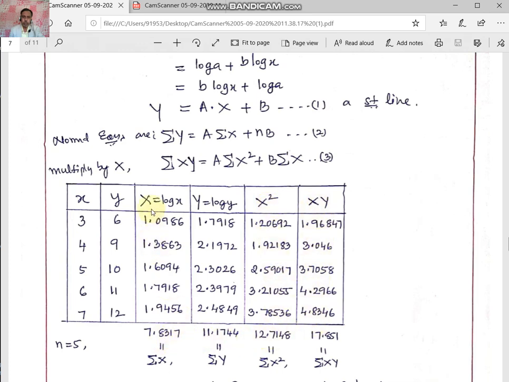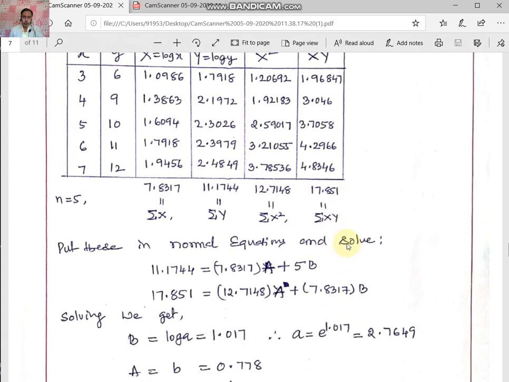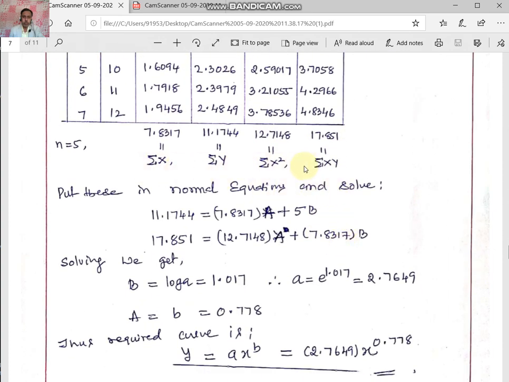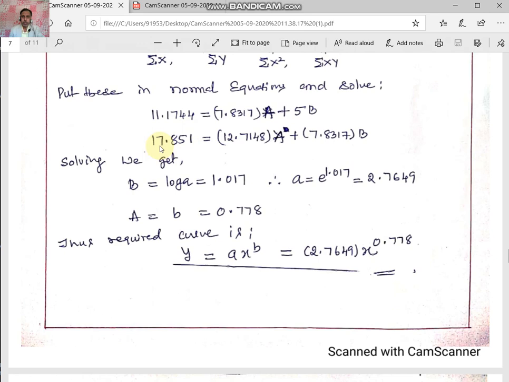Summing them, sigma X is 7.8317, then sigma Y, sigma X square and sigma XY values. Then substitute these sums in the normal equations as shown here, and solve for capital A and capital B. We will get capital B value, log a, equal to 1.017.